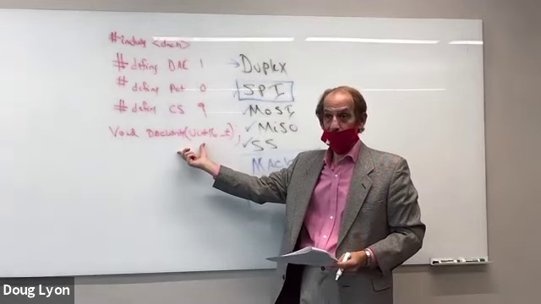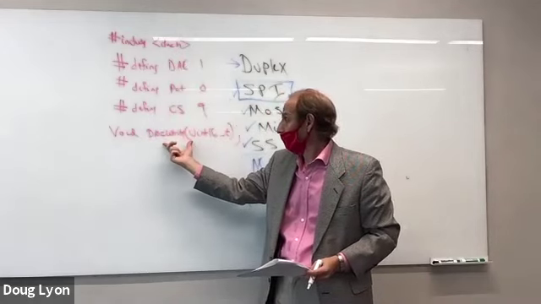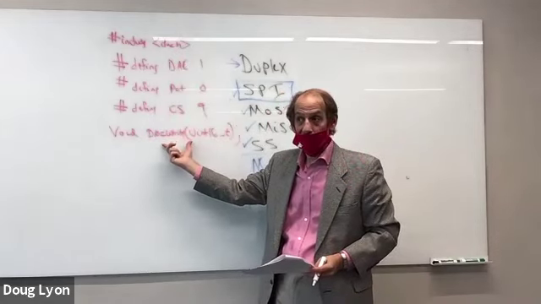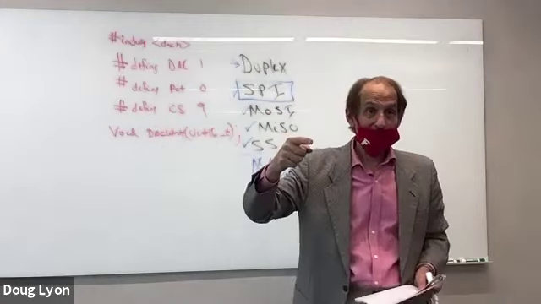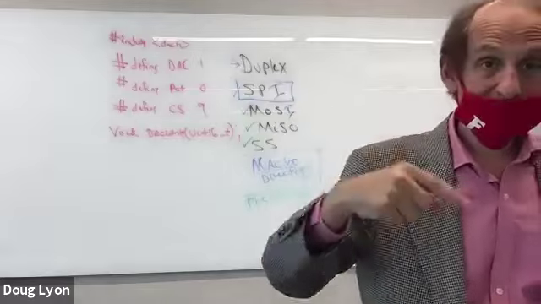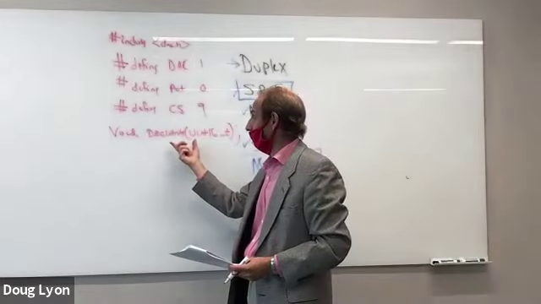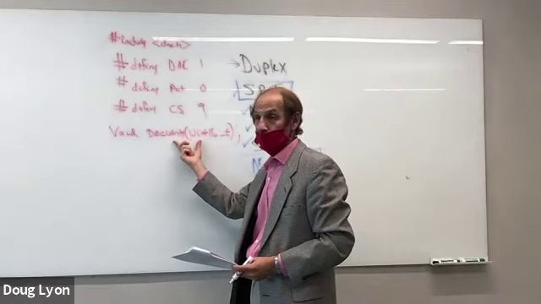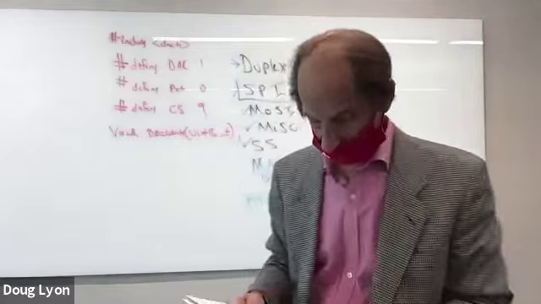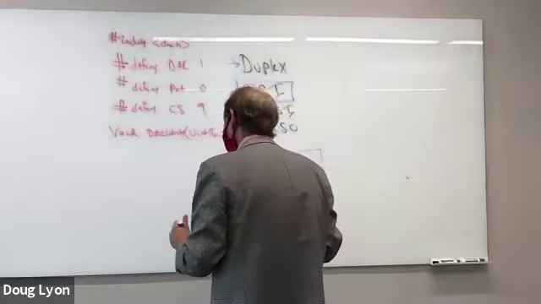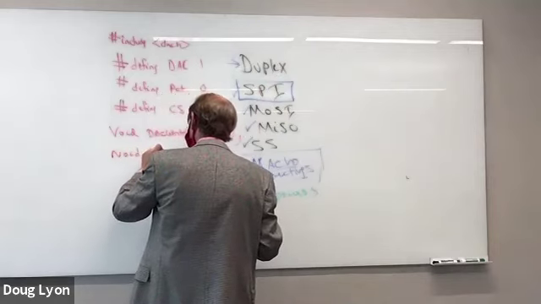All I did was I said when you include DAC.h, this declaration will appear in your code, which means the compiler can use this provided that the linker gives you the binary that it can link to. So it doesn't give you the source code. What it does is it gives you the prototype that you need in order to be able to invoke the subroutine. There's also another one called void DAC init.